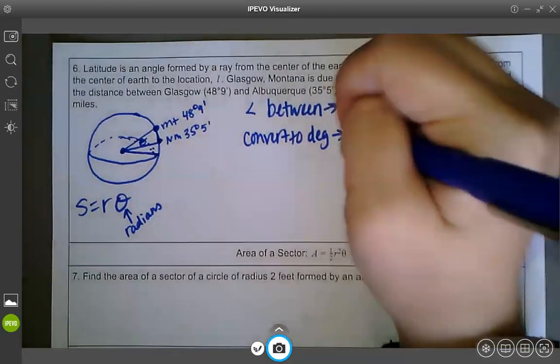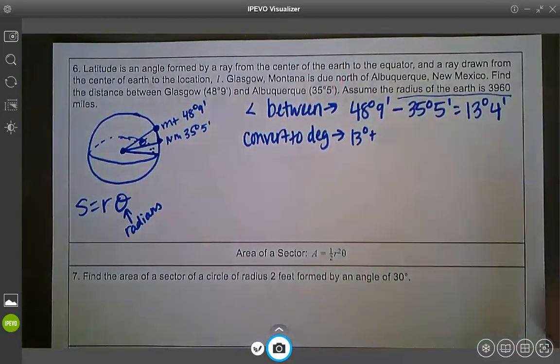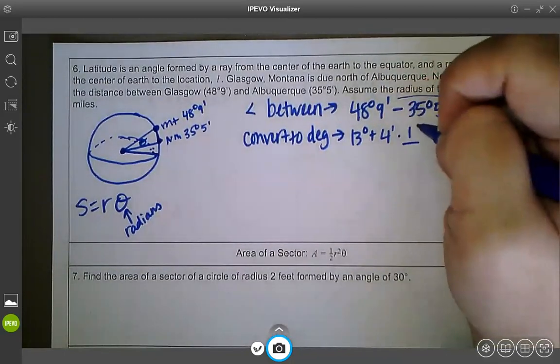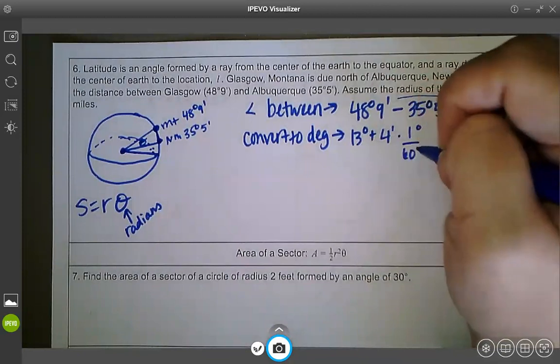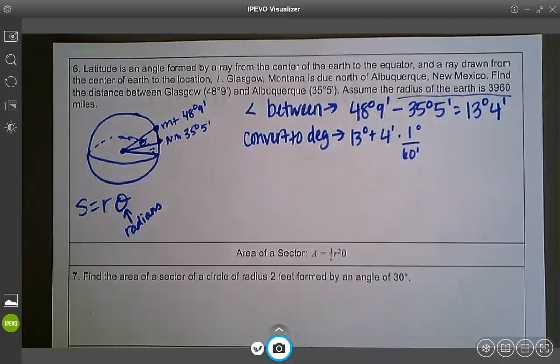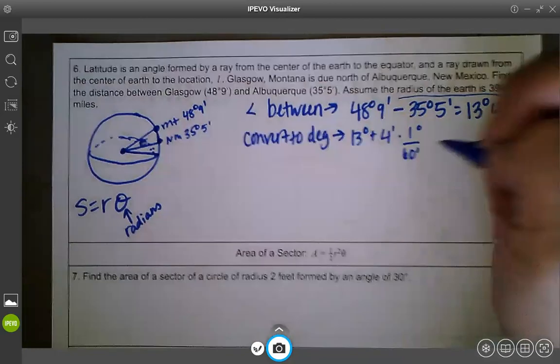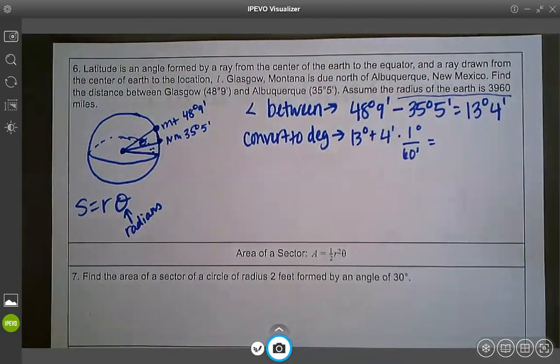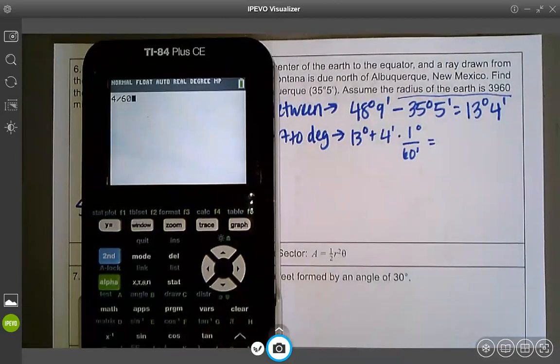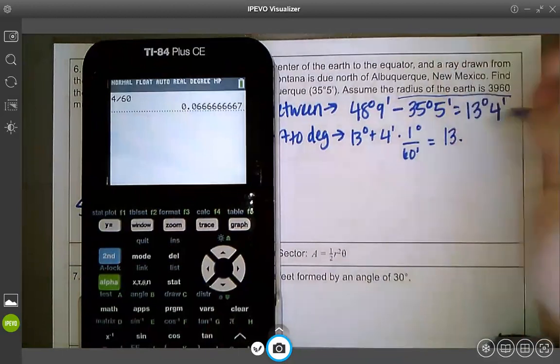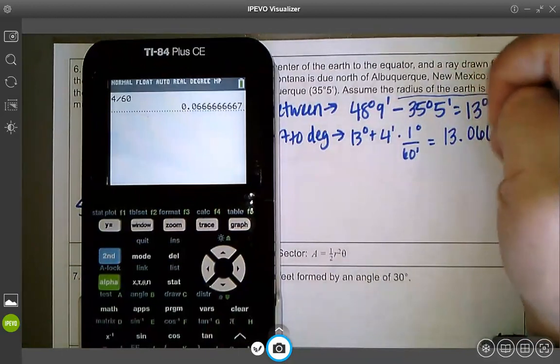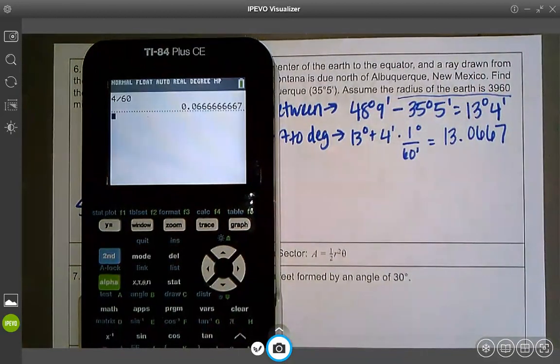I've got my 13 degrees plus my 4 minutes, and I'm dividing that by 60 because there are 60 minutes in 1 degree. So in my calculator, 4 divided by 60, 0.06667. So I've got 13.0667, I'm going to do 4 decimal places, degrees.